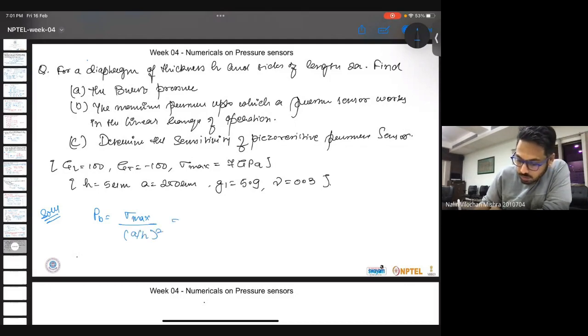So it is coming out to be 28 bar, where 1 bar is basically 10 to the power 5 Pascal. This is part A.